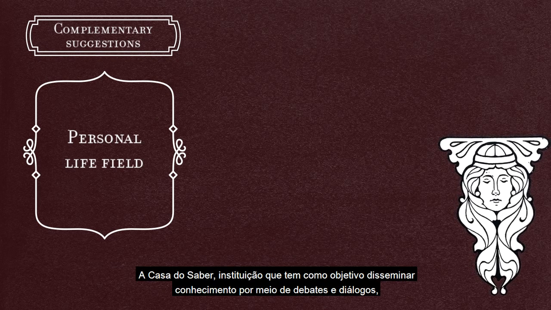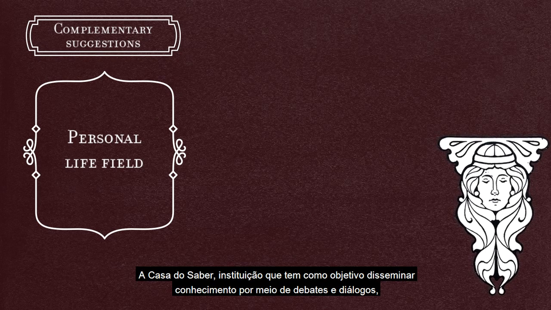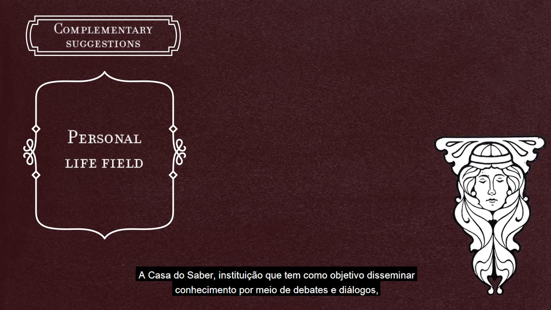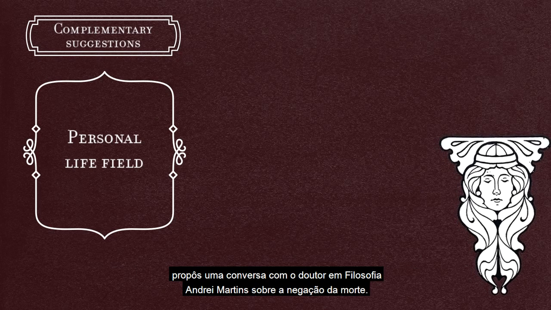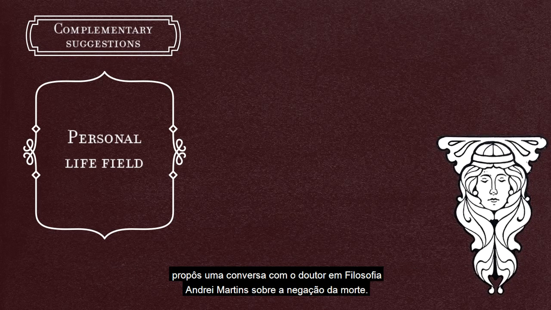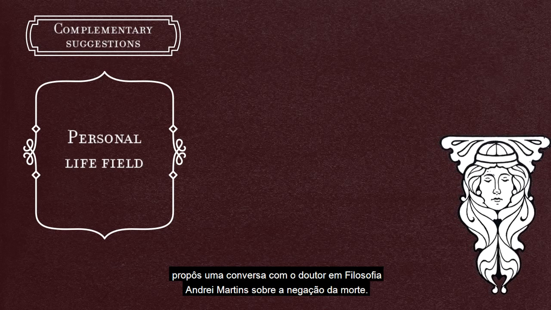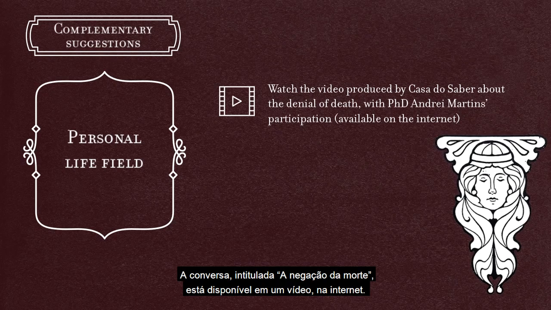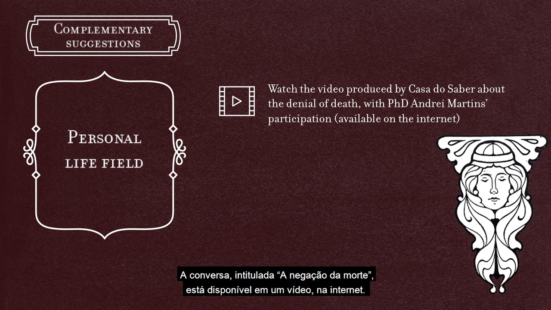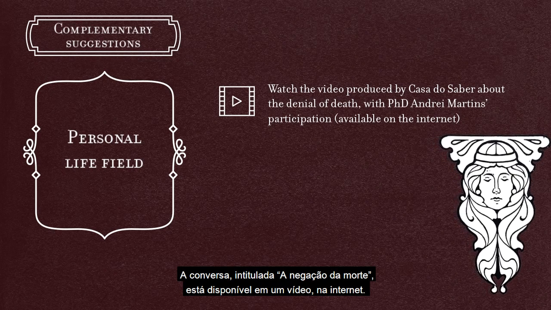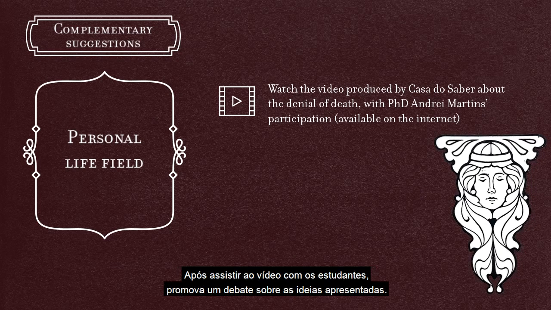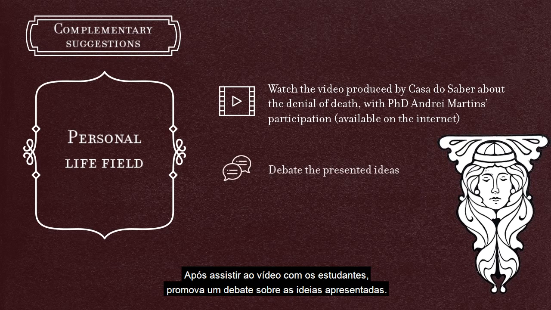Casa do Saber, an institution that aims to disseminate knowledge through debates and dialogues, proposed a conversation with Andrei Martins, who holds a PhD in philosophy about the denial of death. The conversation, entitled A Negação da Morte, is available in a video on the internet. After watching the video with the students, promote a debate about the presented ideas.